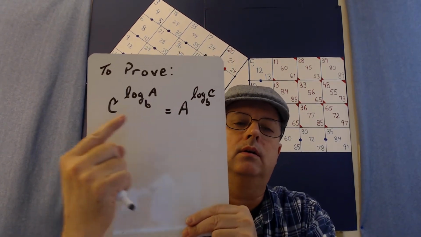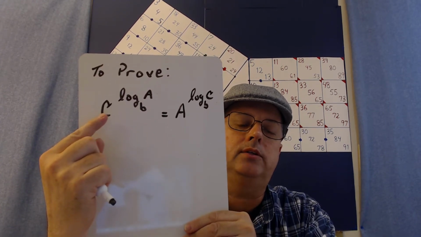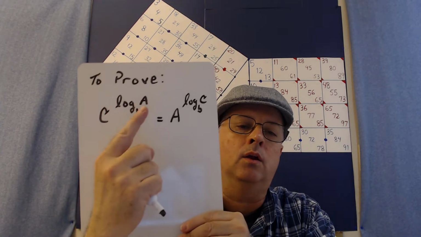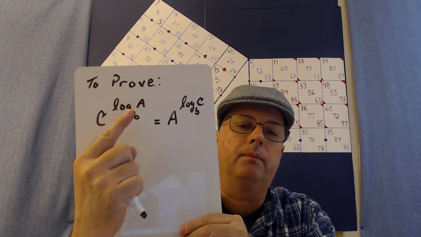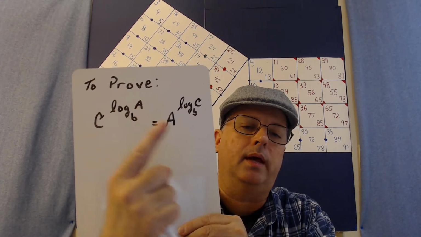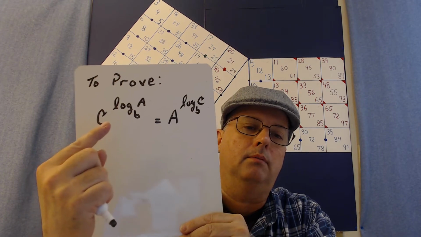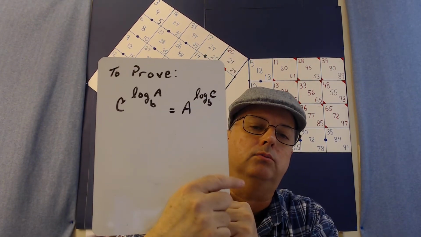This says that if we have a base here and a logarithmic statement as our exponent, we can just drop this argument down and push this base up to this argument here, and this is true.